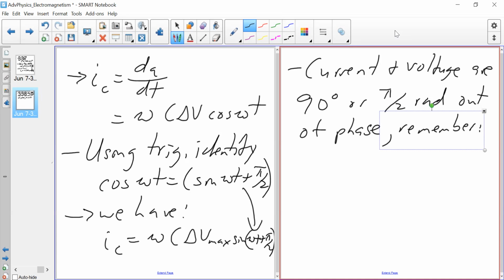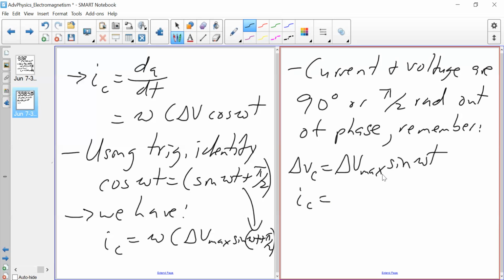So remember that the voltage across the capacitor is delta V max sine omega t, and the current across the capacitor, a bit of misleading nomenclature, but the discharge is going to be omega C delta V sine omega t plus pi over 2.